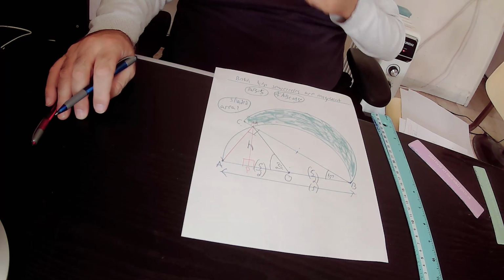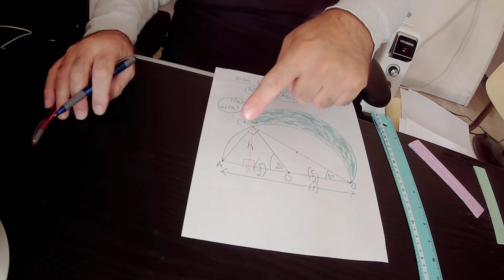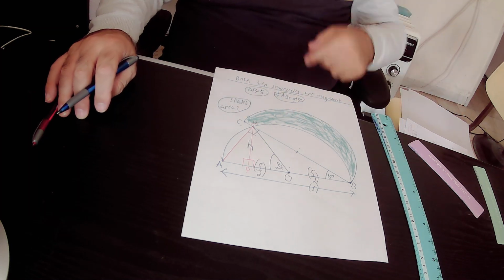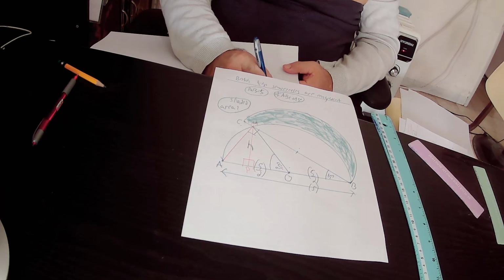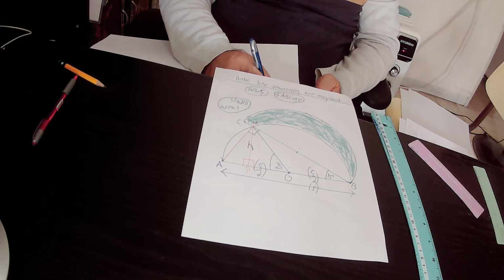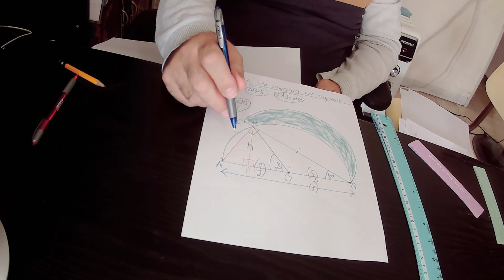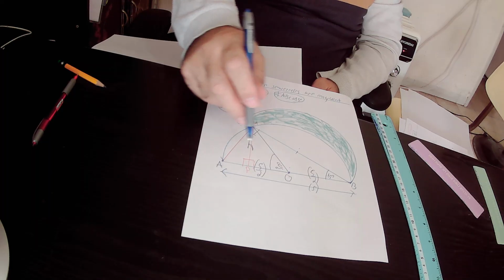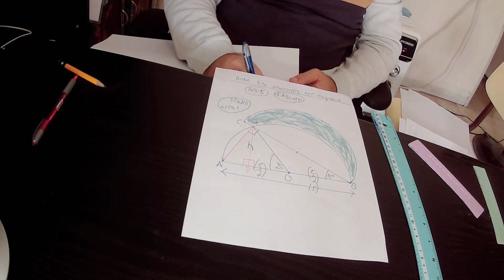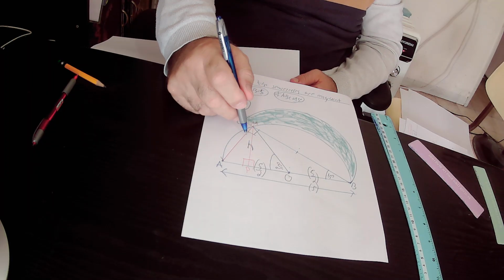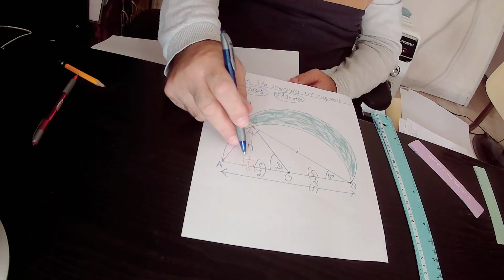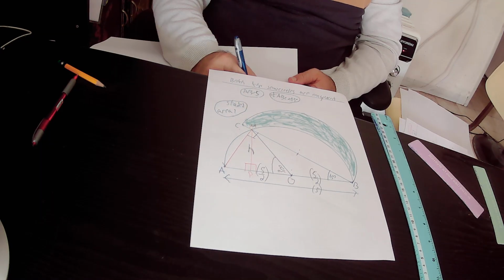Okay. So the area of this triangle ABM, according to the first method of calculation, will be equal to the base AB times the height to the base, that is MP, and MP is h because it's at right angle, 90 degrees, with the base AB, over 2.